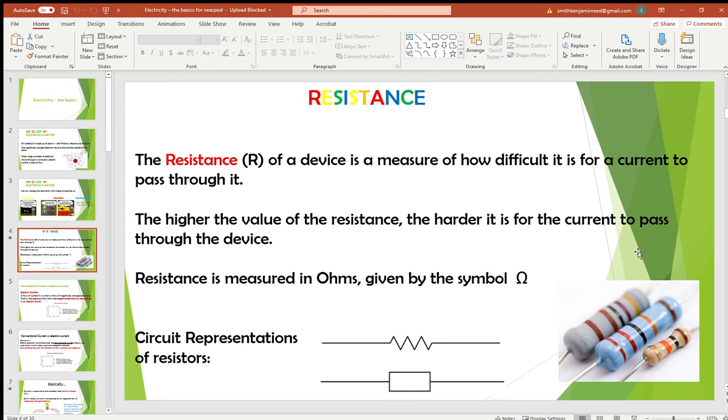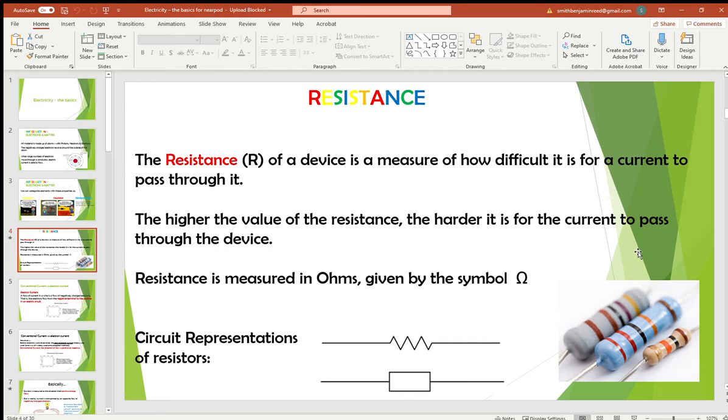So resistance. Resistance, we already learned last week. It is the difficulty in which current passes through a circuit. What is resisting the electrons? We also called it the friction of electricity. So the higher the value of resistance, the harder it is for those electrons to flow.